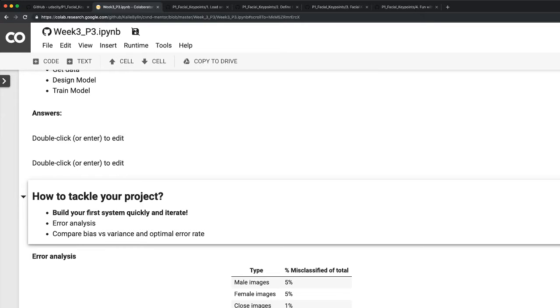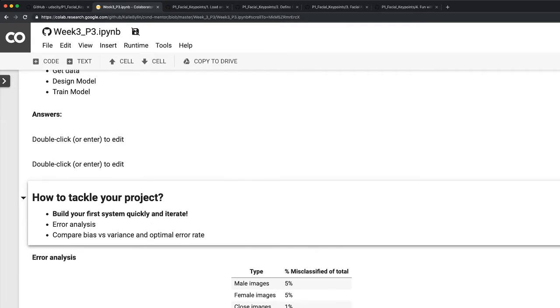If you just look at the accuracy, you simply know, okay, the model is not performing as well as I expected, but I don't know why. So by doing error analysis, by actually looking at the misclassified images or the wrong images, we can get an idea of what's happening here.